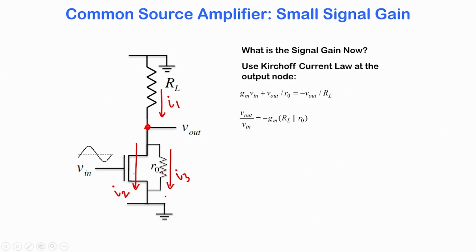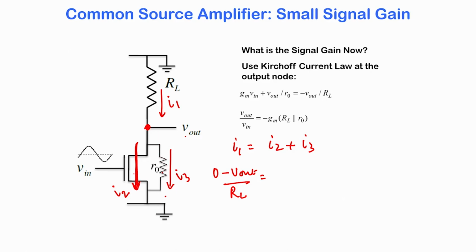So now what is I1? We need I1 equal to I2 plus I3. I1 is 0 minus Vout by RL. What is I2? There is going to be no impact of Vout on I2 because this MOSFET is now ideal, and all the channel length modulation effect has been taken into account in RO.